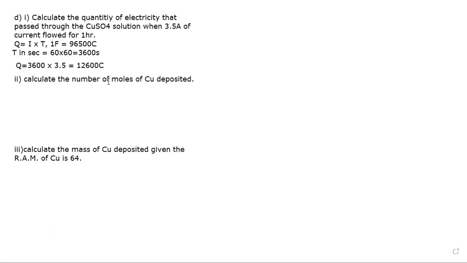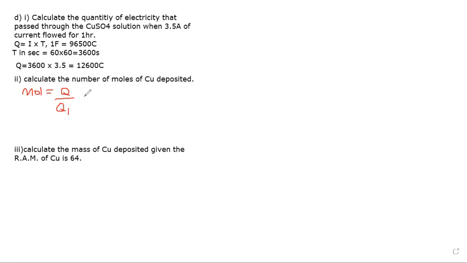The next part now says calculate the number of moles of copper deposited. To do electrolysis, there is more than one way to actually work this out. But what I do to work out the moles is divide Q, the quantity of charge, by what I call Q1.